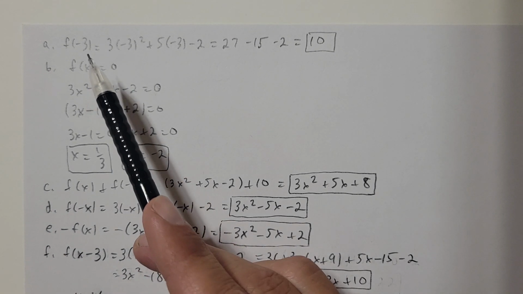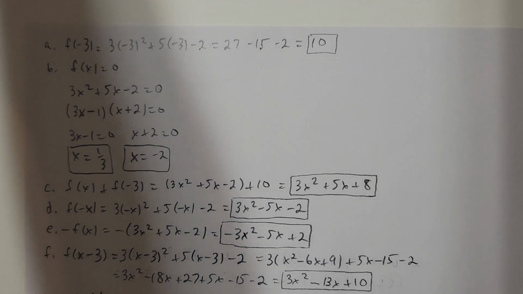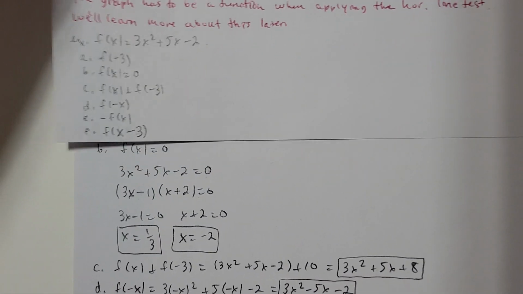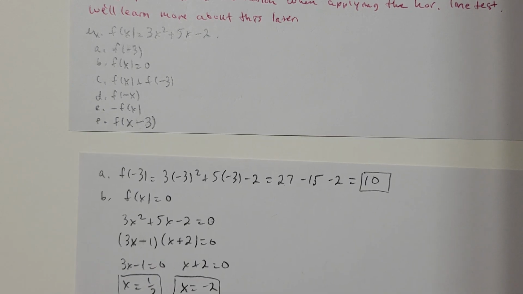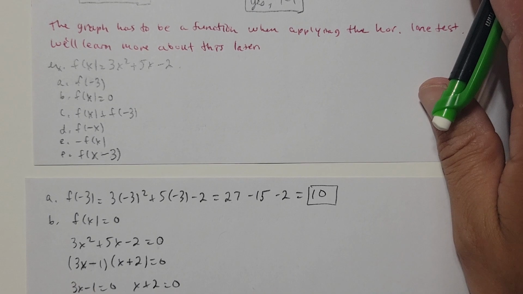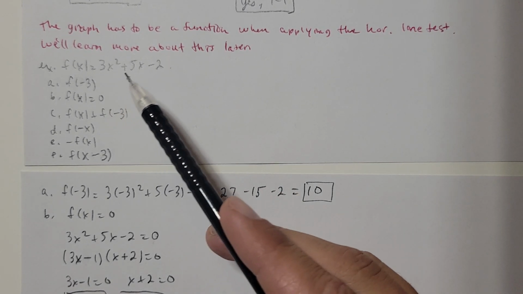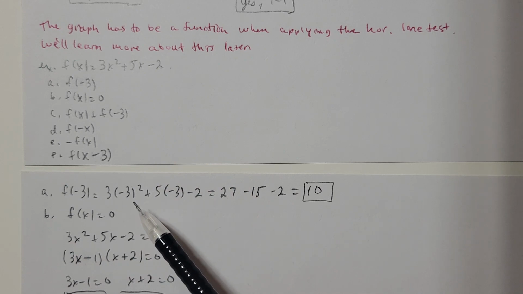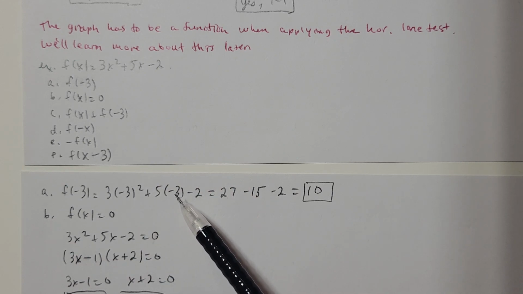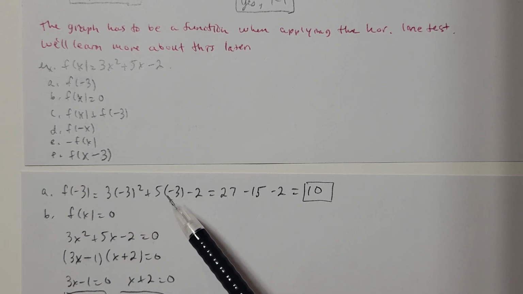In part A, we want to find f of negative 3. So here is f of x. F of negative 3 means that wherever I see an x in f, I need to replace that with negative 3. There's a couple of x's showing there. So when I replace x with negative 3, negative 3 squared is 9, times 3 is 27, minus 15, minus 2.